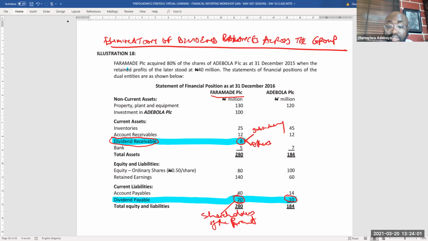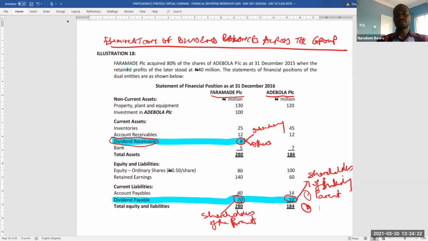But dividends declared by Adebayo is to the shareholders of the subsidiary. And who are the shareholders of the subsidiary? One, the parent, and two, the NCI.